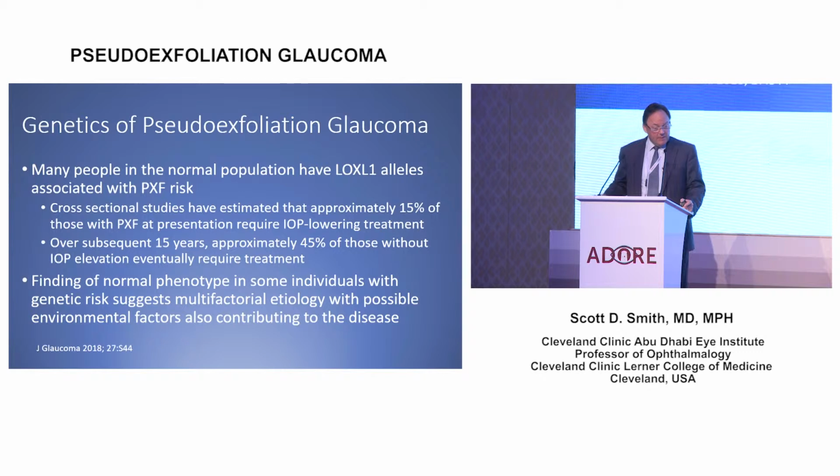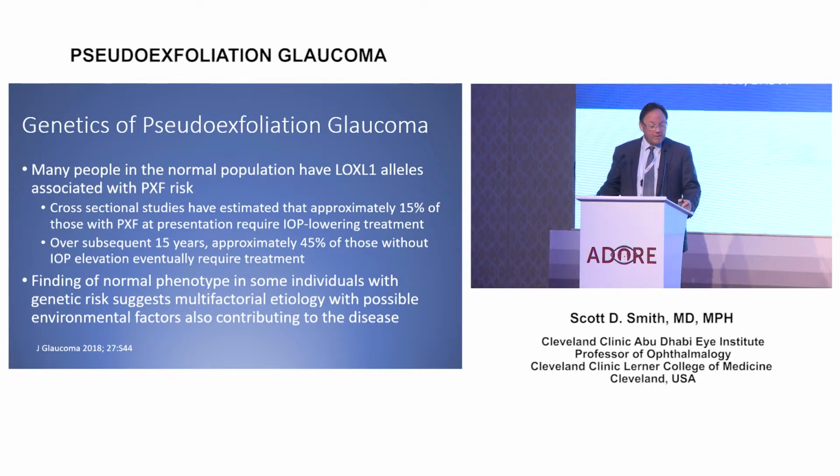In fact, it's been estimated that about 15% of those patients who have pseudoexfoliation of the lens have elevated intraocular pressure when examined in a cross-sectional way. So if you take all comers and see who has pseudoexfoliation, only 15% have elevated intraocular pressure, but over time, if you follow them for 15 years, then about an additional half will develop intraocular pressure elevation.